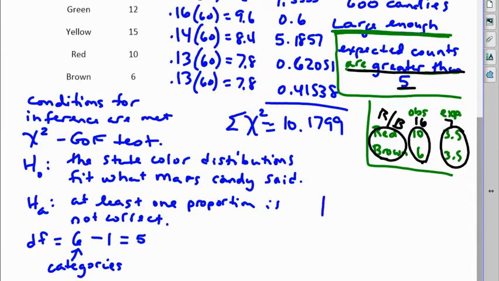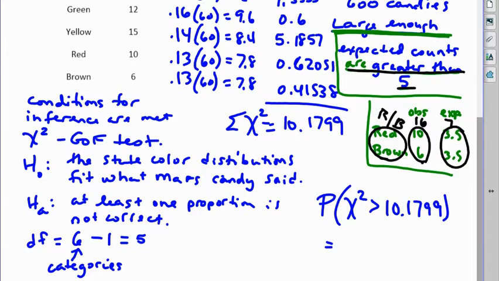So the probability that my chi-squared goes above 10.1799, or maybe 10.18 if you prefer, is what I get when I punch that in the calculator. Here, let me write it in red.